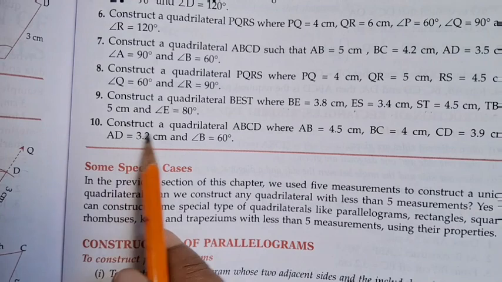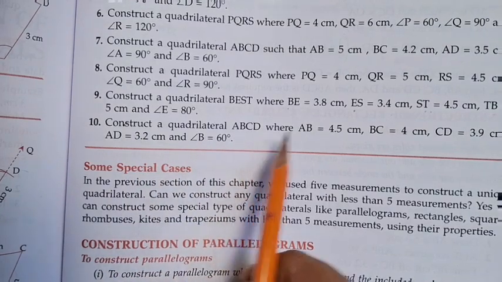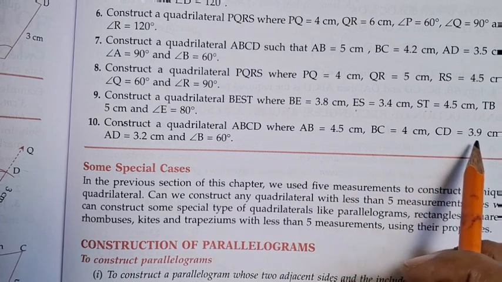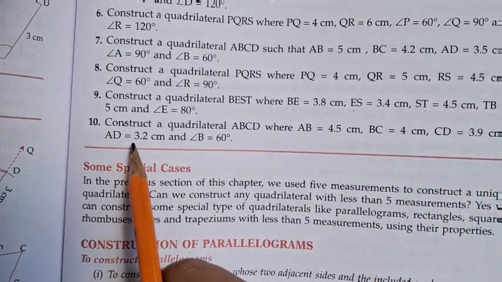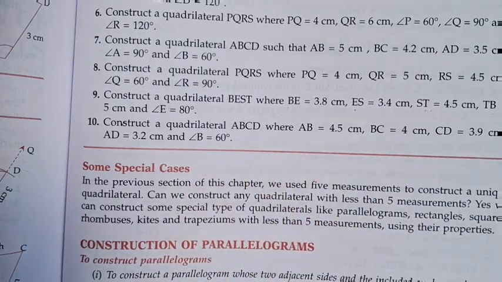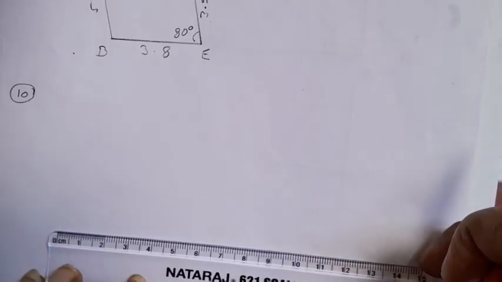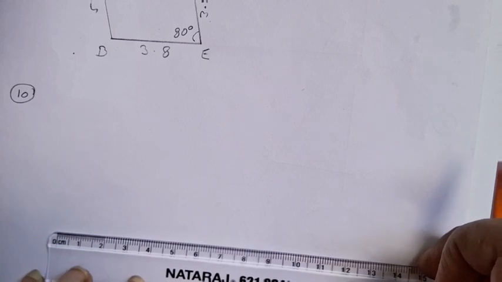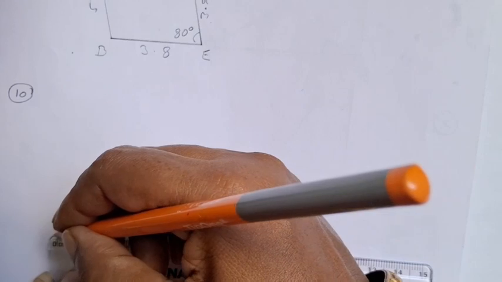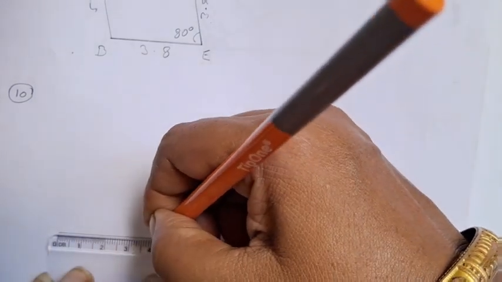Here we have to construct a quadrilateral ABCD, in which AB is 4.5 cm, BC 4 cm, CD 3.9 cm, AD 3.2 cm, and angle B 60 degree. So at first I am going to draw the base AB, which is 4.5 centimeter.